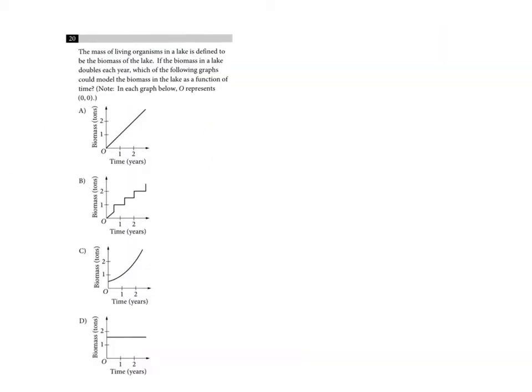For problem 20, the mass of living organisms in a lake is defined to be the biomass of the lake. If the biomass of the lake doubles each year, which of the following graphs could model the biomass? Then they give you a note, 0 corresponds to the point 0, 0. Well, I want the number of organisms to double each year, and letter D is clearly not correct because the graph kind of stays level every year.